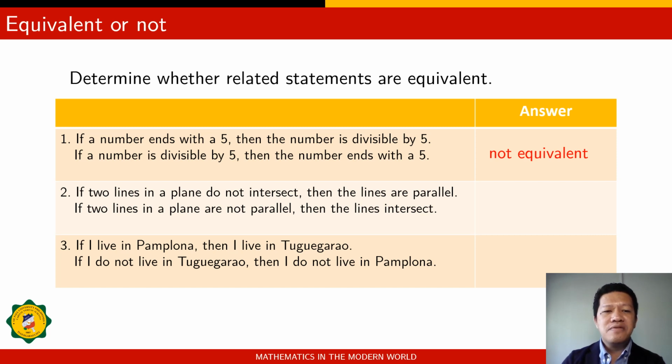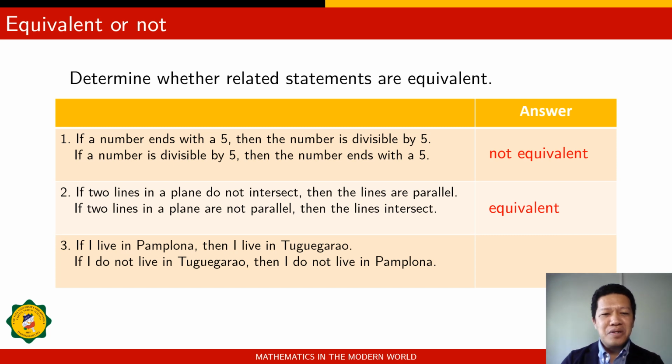So how is the first statement related to the second statement? The first statement is the conditional statement, and the second statement is the contrapositive. Therefore, they are equivalent. How about number three?